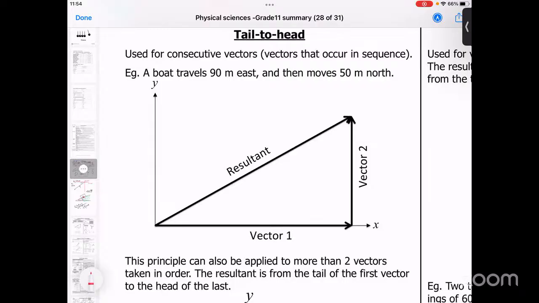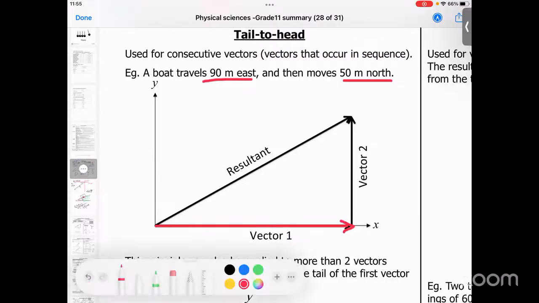So a boat travels 90 meters east, and then moves 50 north. So this is what has just happened. It travels 90 east. Can you see how long that is? So you can see it traveled a longer distance. And then this one, it travels... it is that same boat, remember, that's why it remains the same color.